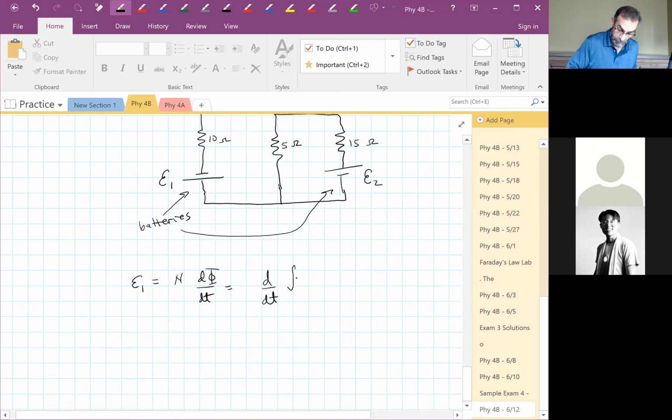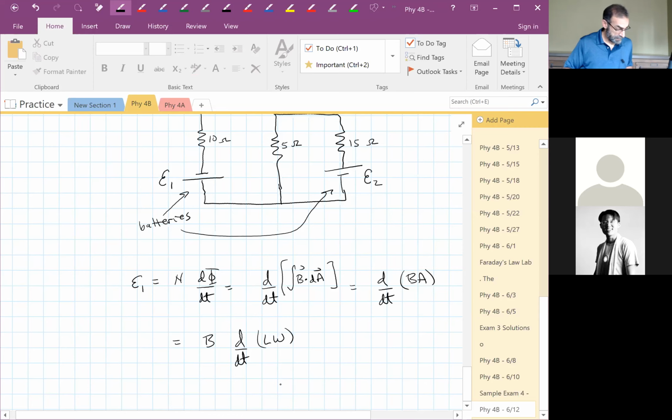So the flux becomes B times A. And the magnetic field is constant in time. So this is just d dt of the area. And the length doesn't change. And that is just the velocity.